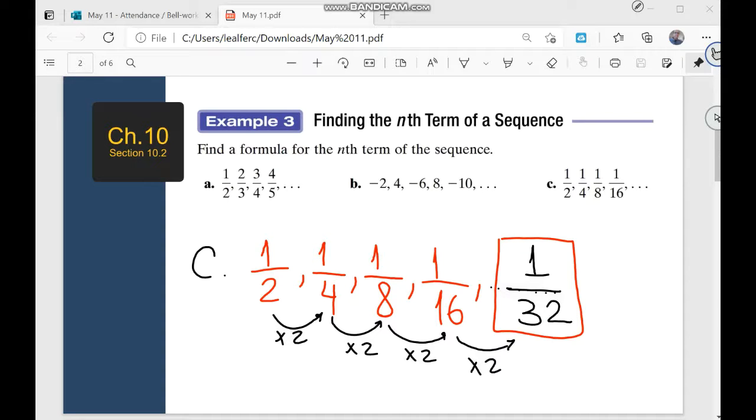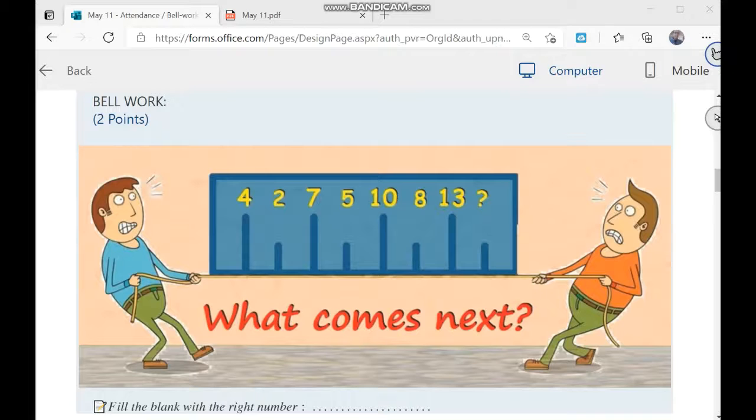Piece of cake? Not difficult at all. Give me a feedback. What do you think? Easy? Easy peasy? Or kind of? Send me a feedback. What do you think about this? Because we will move on.